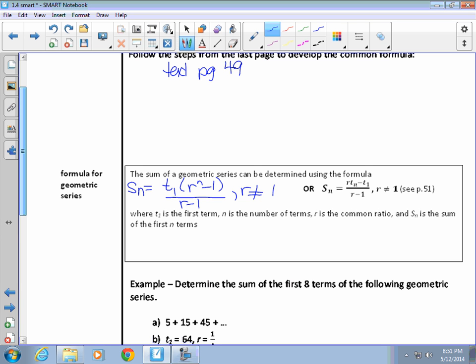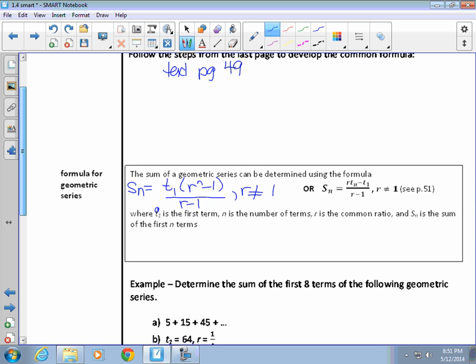So this is our one way of doing it. This is when you're given your first term and your ratio and your number of terms. So you need to have those three things. So T1 is your first term. That's the same as the A that we were talking about in the other sections. N is however many terms you have, and R is your common ratio.